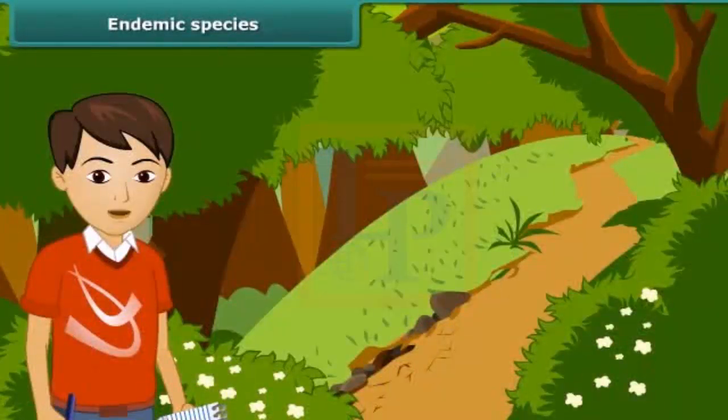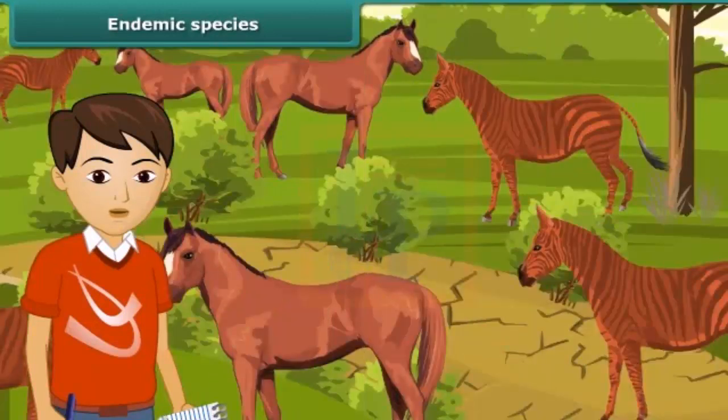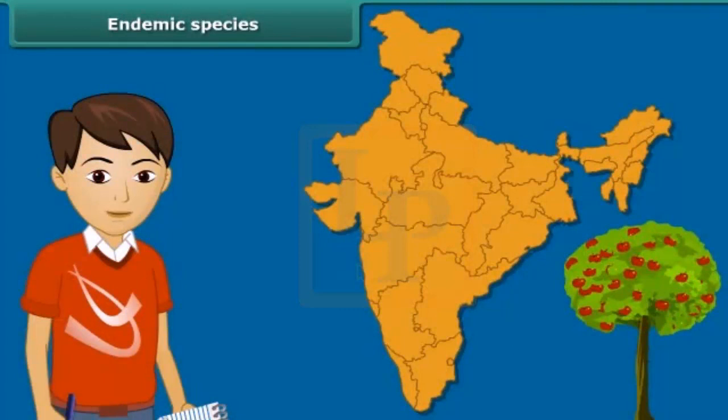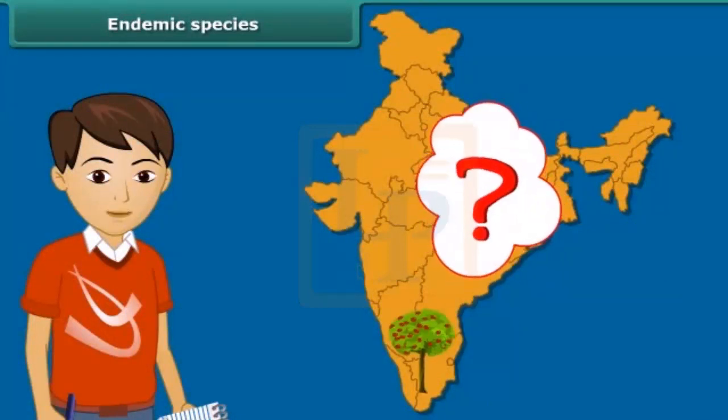Now let us learn about the endemic species. For you to know, a species is a group of populations which are capable of interbreeding. Members of a species have common characteristics. Let me ask you a simple question. Do you find an apple tree growing in South India?